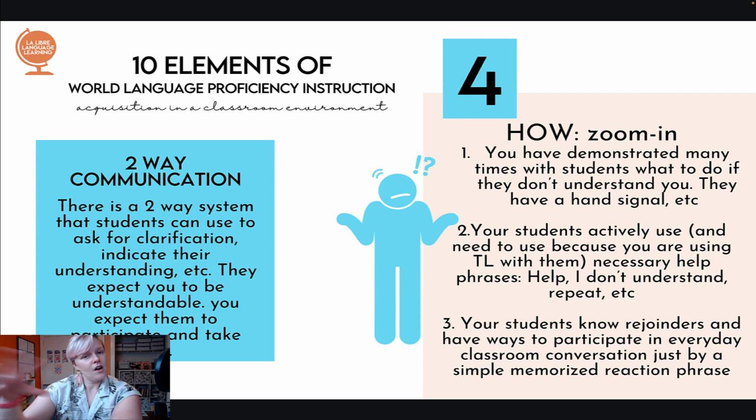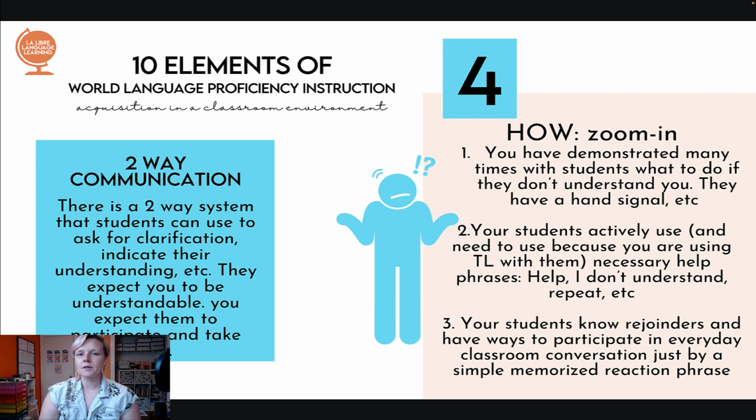So, rejoinders, in a simple sentence, are ways to participate in everyday classroom conversation in a variety of ways. They could be cultural isms from your target language, and they can also come from just classroom speak and teenage speak or younger kids speak, anything that they would want to actually use in your room.